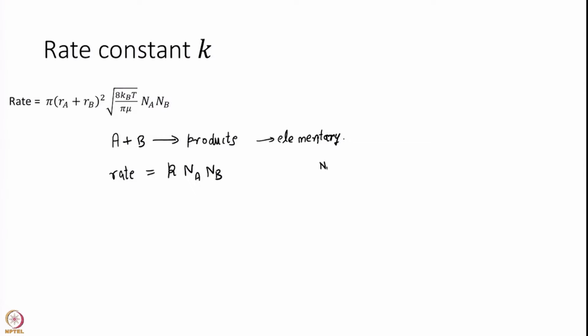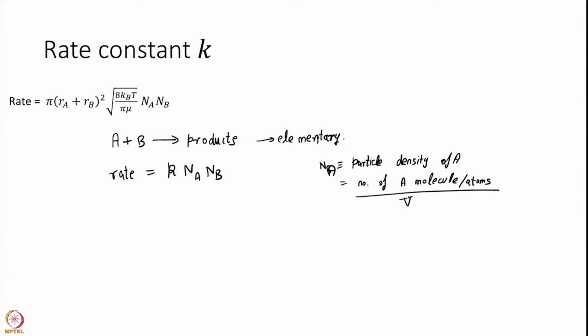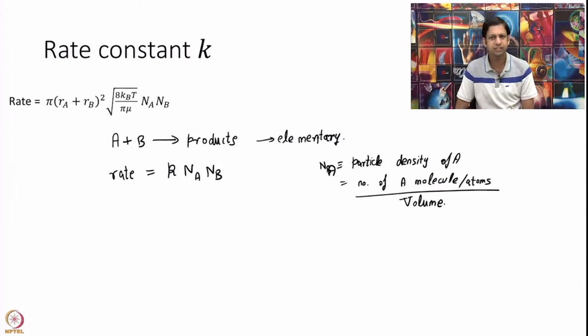Remember what is Na? Na is nothing but the particle density, which is the number of A molecules or atoms divided by the volume. Similarly, Nb is defined as the number density of B. Well, that is effectively the same thing as concentration.